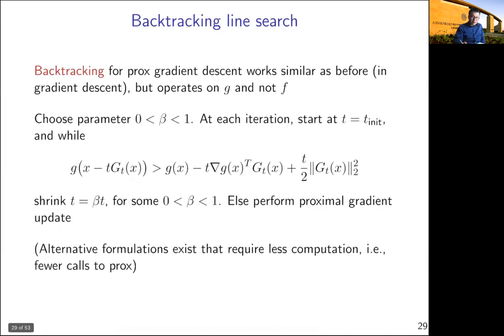Another benefit of doing proximal gradient instead of the subgradient method is that it allows us to choose a learning rate using the same old idea of backtracking line search. We can consider only the smooth part of the objective function and choose an initial learning rate that's somewhat large.